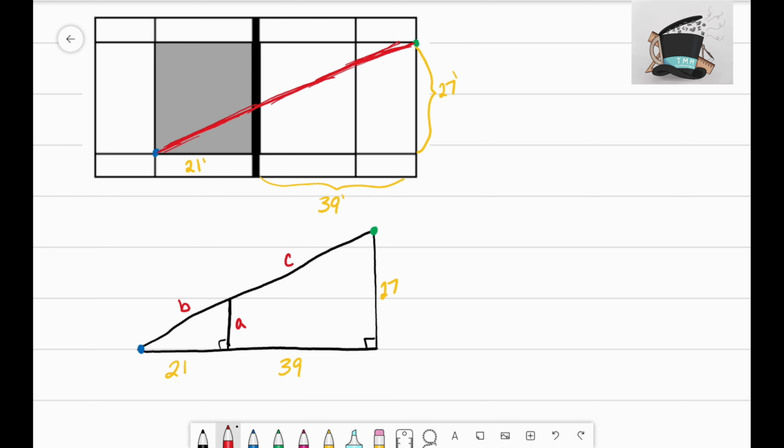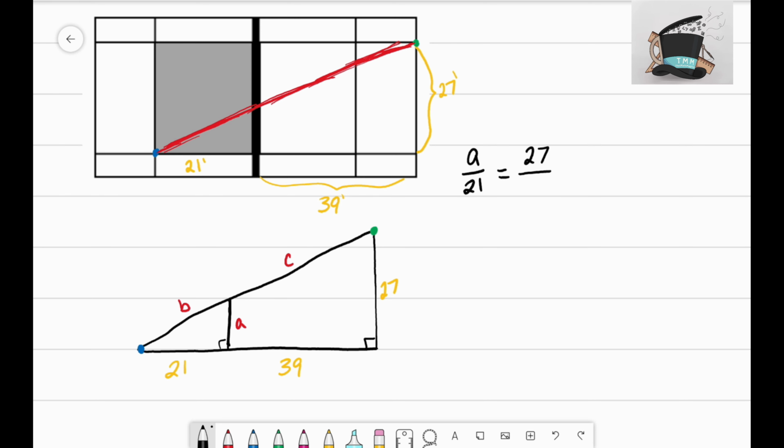So they are similar. Let's say I wanted to solve for side A. All I need to do is set up some side ratios. So I could put A over 21 equals, and now I go to the bigger triangle. Since I used A on top as the numerator, I would use 27.